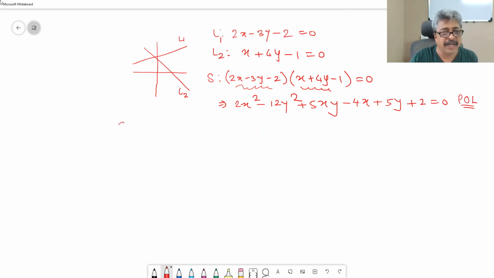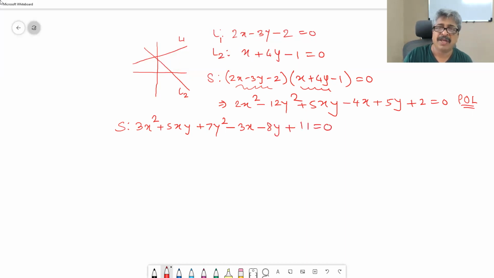Then if I say S is equal to 3x square plus 5xy plus 7y square minus 3x minus 8y plus, if I say 11 is equal to 0, will I be confidently say that this is pair of lines?